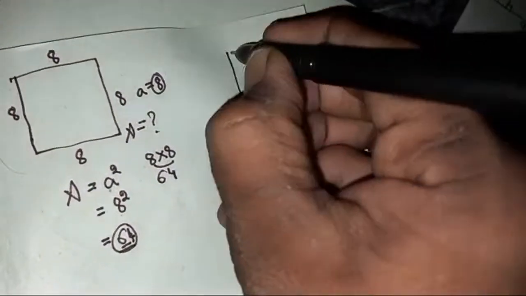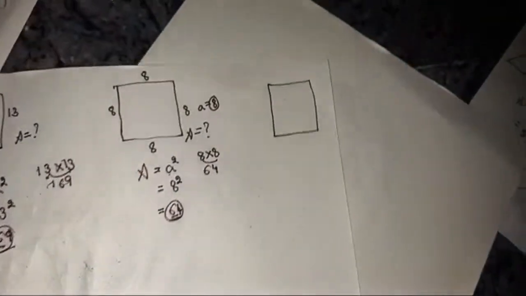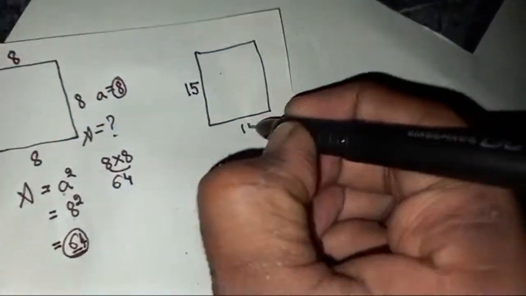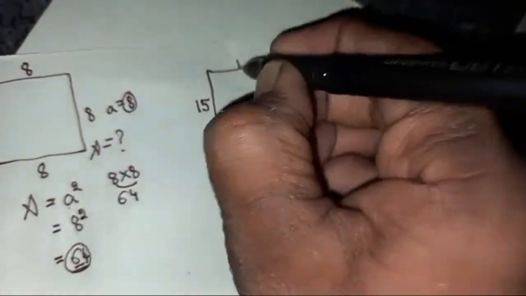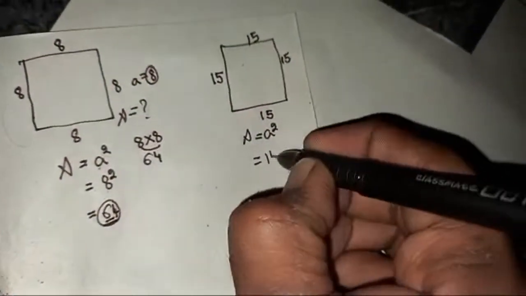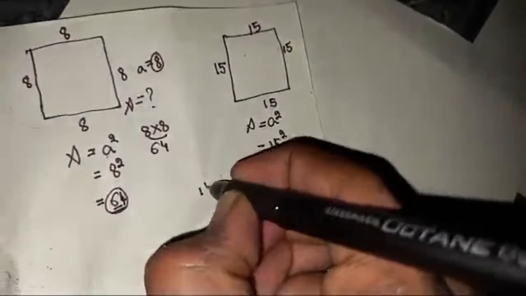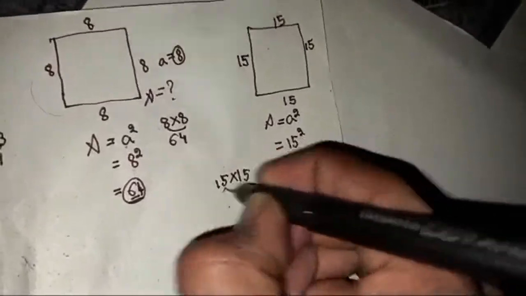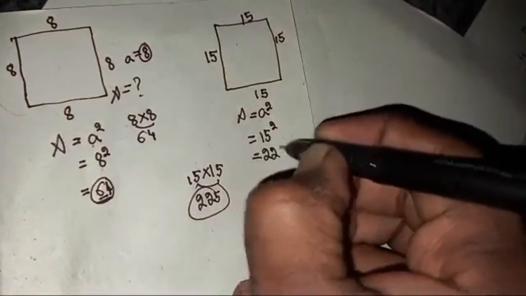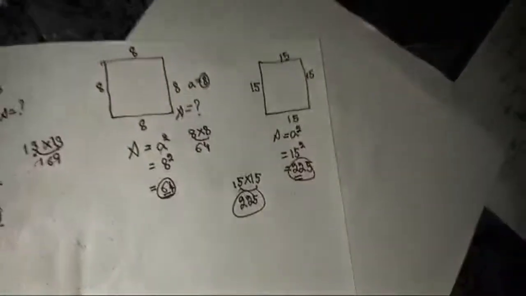Let's take one more square. Here they have given all sides as 15 units. Area is a square, means 15 square. 15 times 15 is 225. 225 square units is the area of this square.